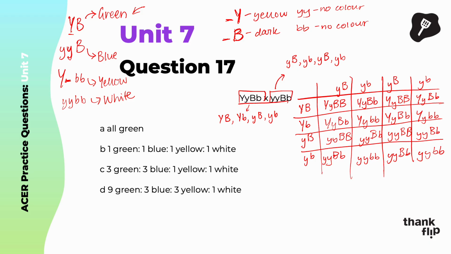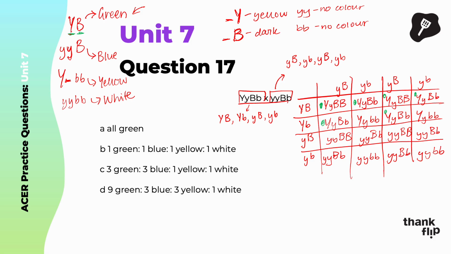green. Okay, so for green, we're looking for 2 capitals. So we have 2 capitals here, so this is green. 2 capitals, green. We have 2 capitals, green, green. This one's green. This one's green. That's it for the green ones.